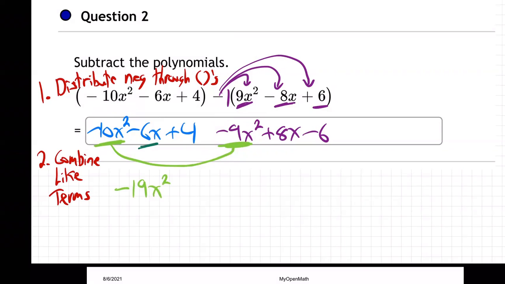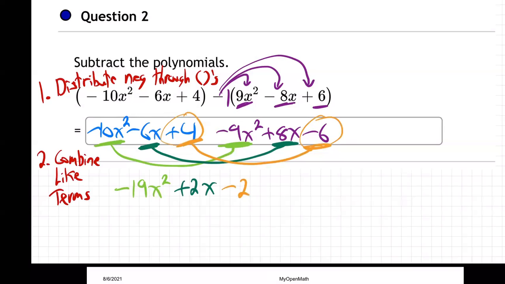Okay, now how about a minus 6x and a plus 8x? What if you lose 6x's and you gain back 8x's? Where's your bank account? Plus 2x's, right? And finally, plus 4 minus 6, if you gain $4 and lose $6, you've lost $2. And there we go. Those terms right there, that's the answer.